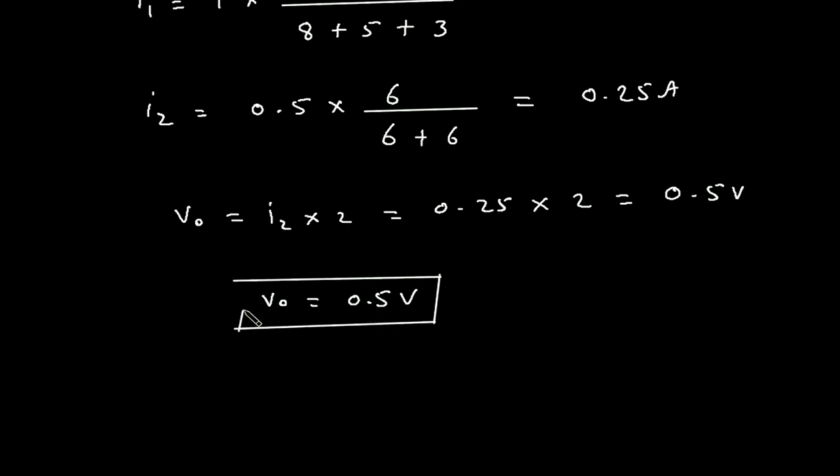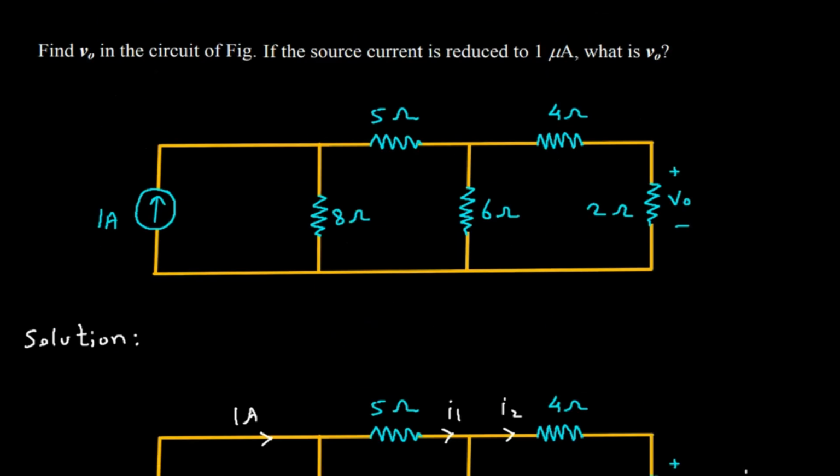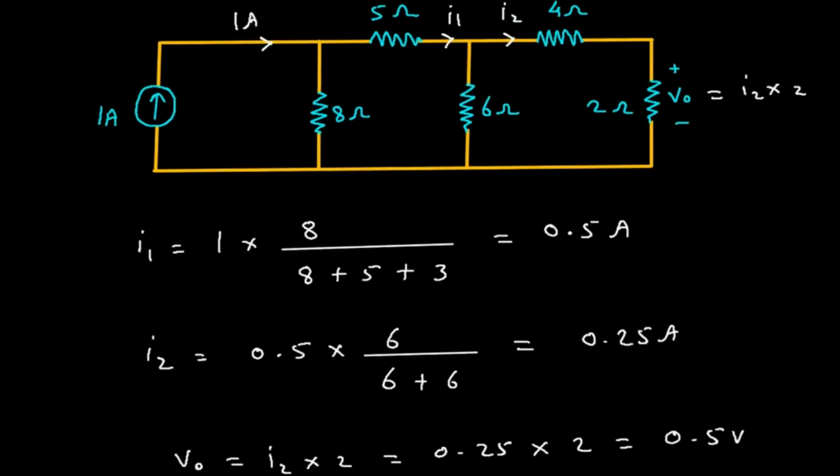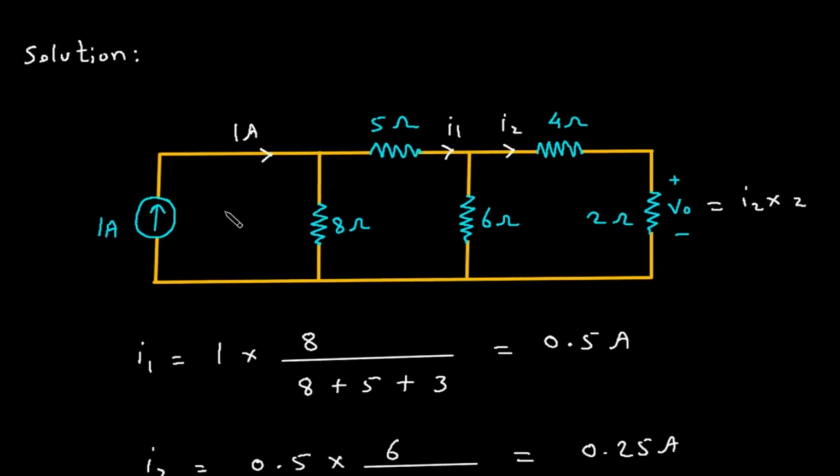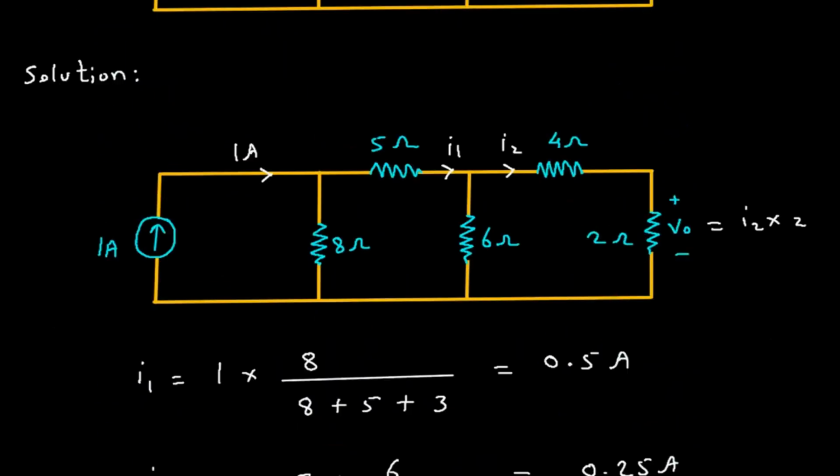Now what we have to find? Find VO in the circuit of figure. If the source current is reduced to 1 microampere, what is VO? Now we have to find VO when this is reduced to 1 microampere.